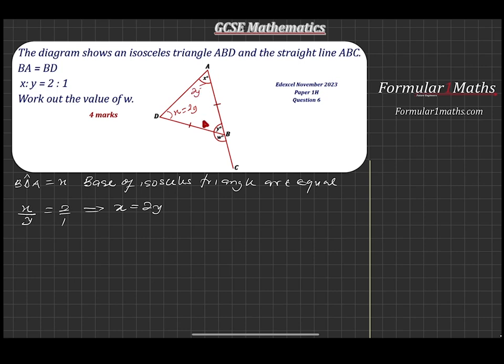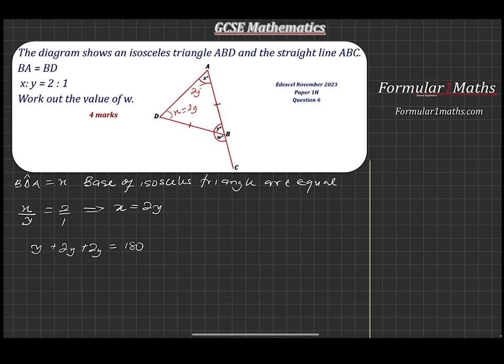So now, in this triangle, if we add up all the angles, we are going to get y for this plus 2y plus 2y for the remaining two angles. And we know that the sum of the angles in the triangle add up to 180. So that will be 180.